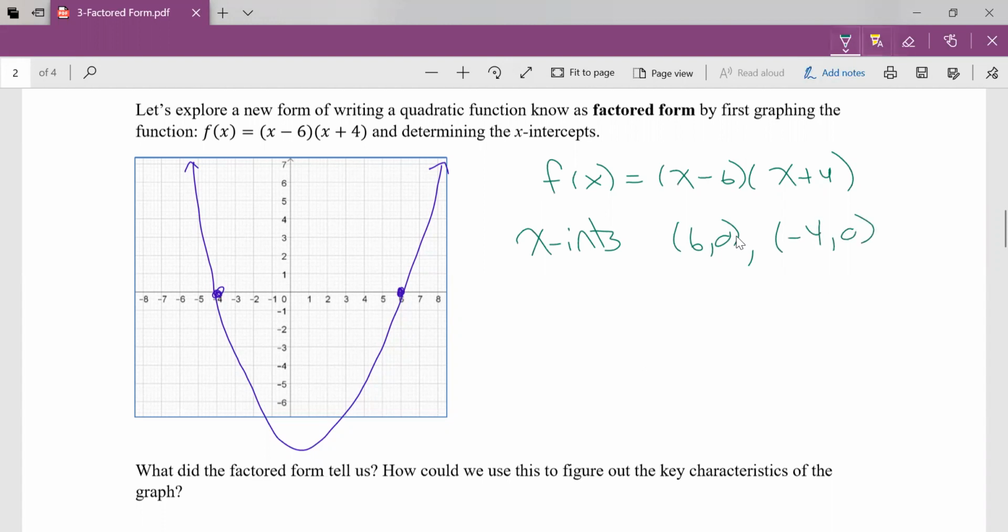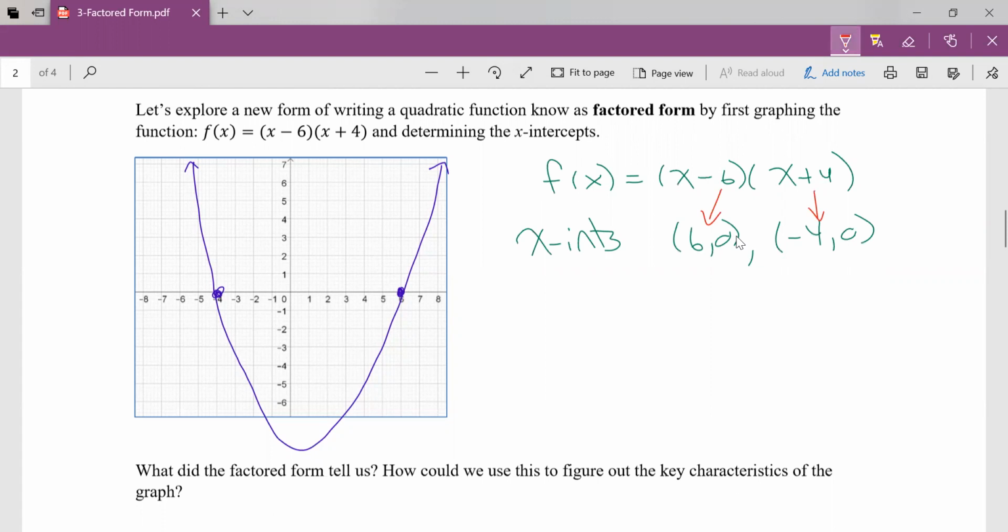So I want you to notice something really, really important here. Negative 6, positive 6, positive 4, negative 4. When we're in factored form, the factors are giving us the x-intercepts, but the signs are different.